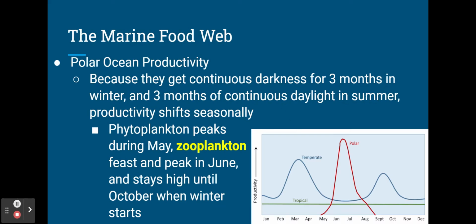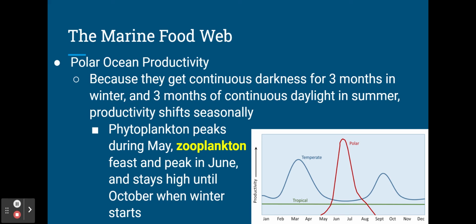Now, in the northern areas of the planet, like the polar ice caps, because they get continuous darkness for 3 months in the winter and 3 months of continuous daylight in the summer, their productivity is based on seasons. In the winter they have very little productivity, which then starts to rise when you start getting sun.